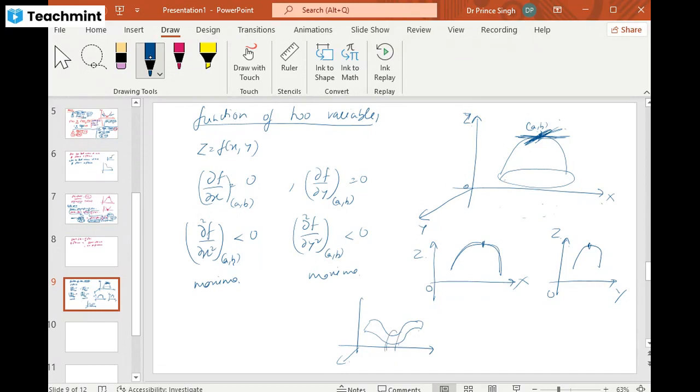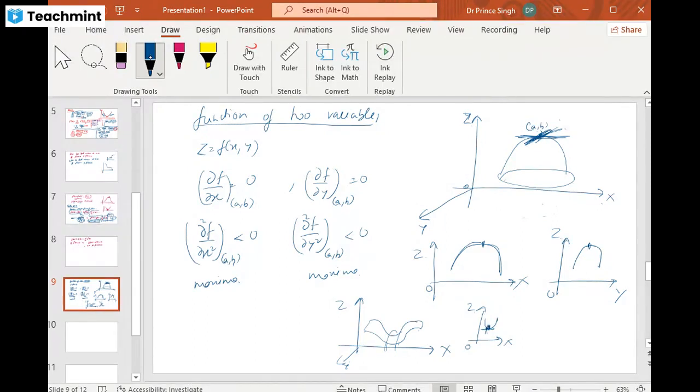If I take its projection, this is the x-axis, this is the y-axis, and this is the z-axis. When I take the projection of the surface in the xz plane, this is the x-axis and this is the z-axis, then it looks like this, which means this is the point of minima.